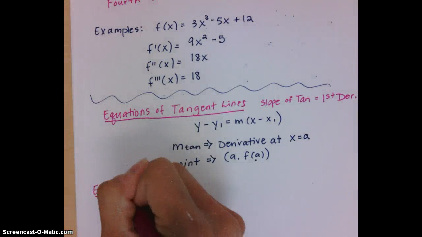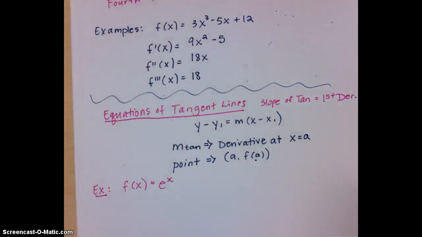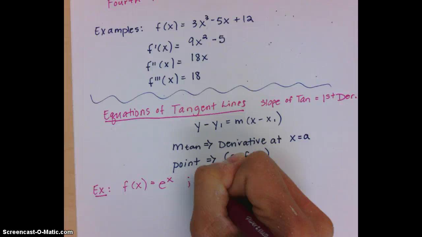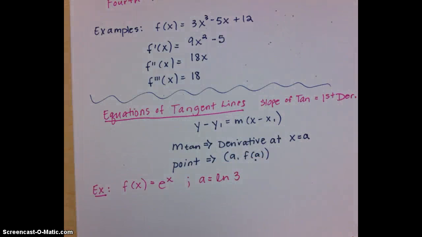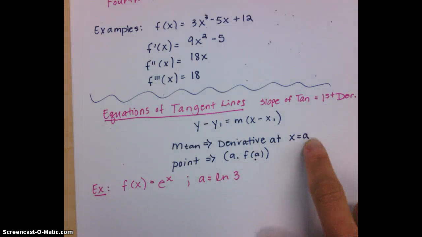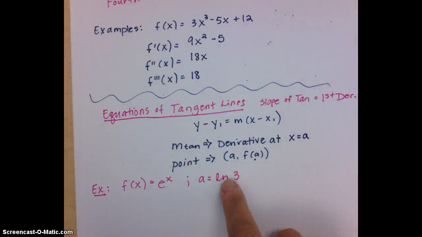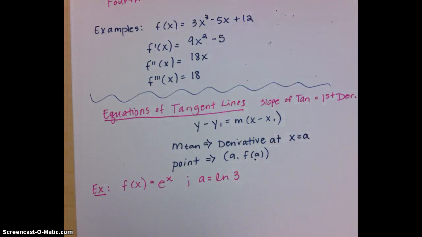And let's let f of x equal e to the x. And our given a value is going to be the natural log of 3. Okay, so I chose this example because of the e. So I'd like you to go ahead and find the derivative, evaluate that derivative at the given a value, figure out the point by getting the y value, and then put it all together to write the equation of a tangent line.